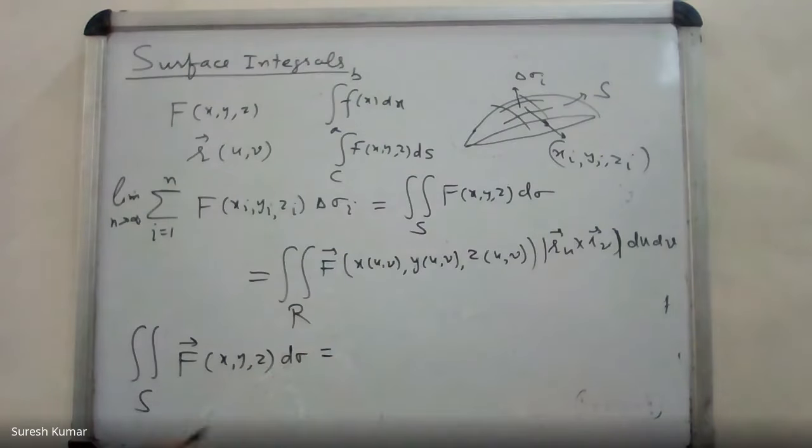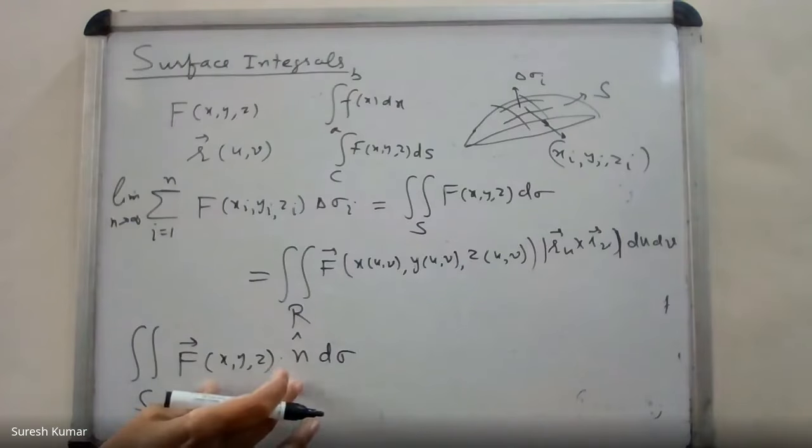How to solve it? Actually, the surface integral of the vector field F is the surface integral of the normal component of F over the surface S. Now it is a scalar quantity, you can use the same approach to solve it.